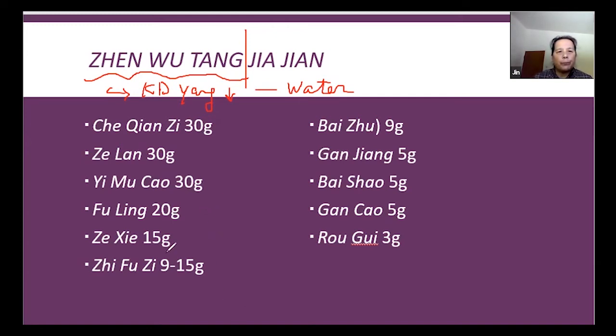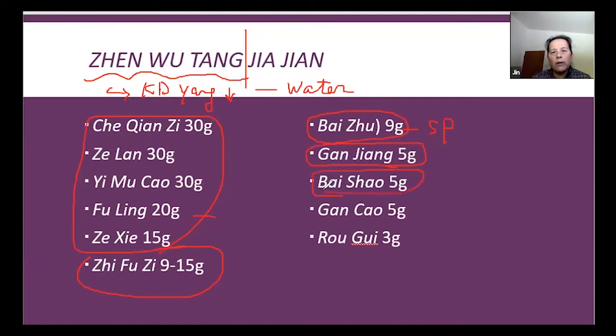So basically, here we promote urination and relieve extra water. 附子 is a warming herb, warming kidney yang. 白术 tonifies qi and also tonifies spleen function. 干姜 warms the inside. 白芍 tonifies blood and moves blood. 甘草 tonifies qi and harmonizes the formula. 肉桂 with 附子, even with 干姜 together, warm internally. So that's warming internally to relieve extra water.